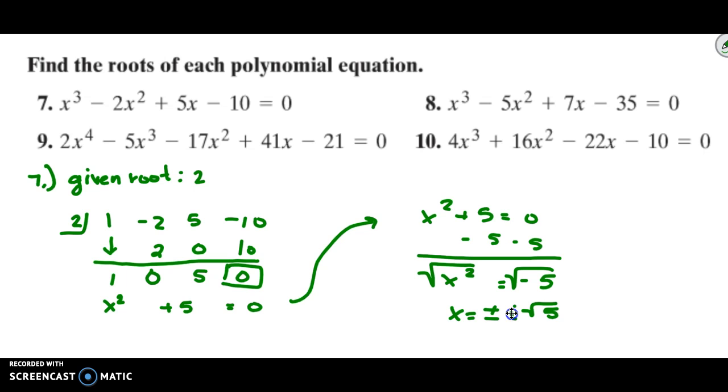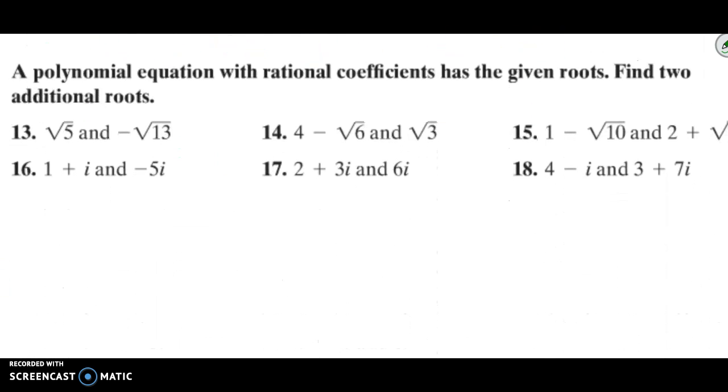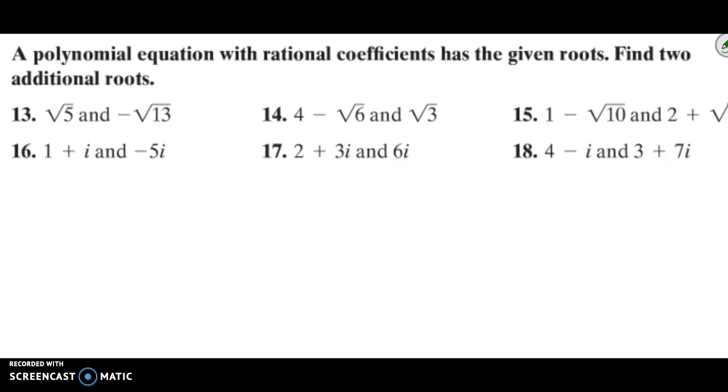All right, now let's look at what we did from day 2, which was finding 2 additional roots. I'm going to do number 17. So looking at number 17, 2 plus 3i, its additional root would be 2 minus 3i, and the additional root for 6i would be negative 6i.